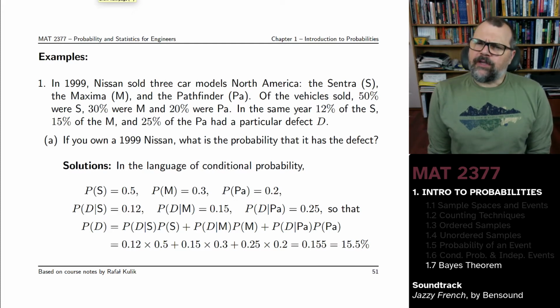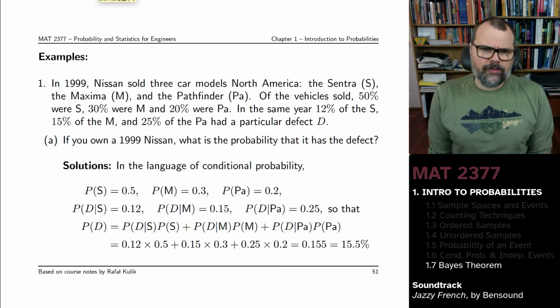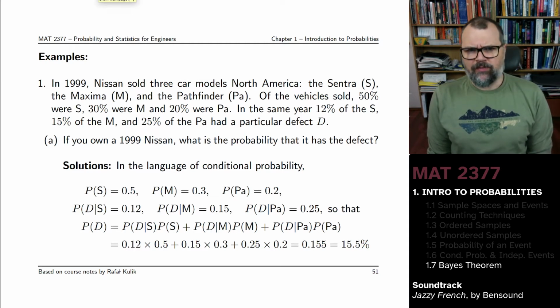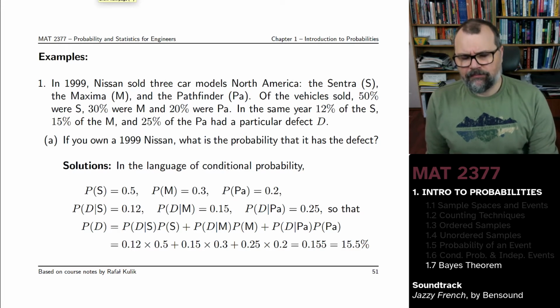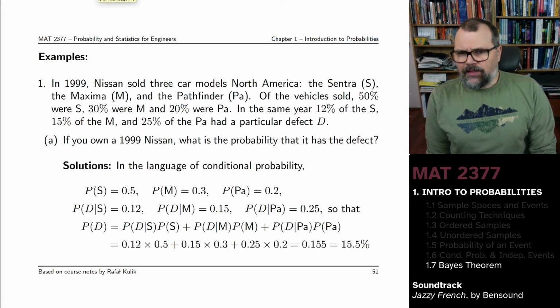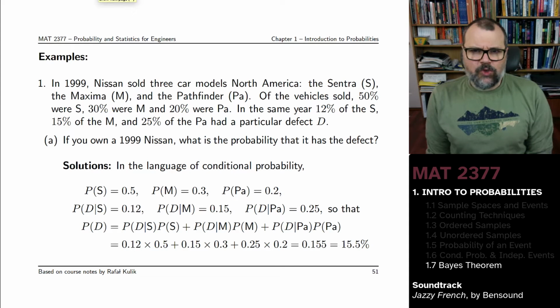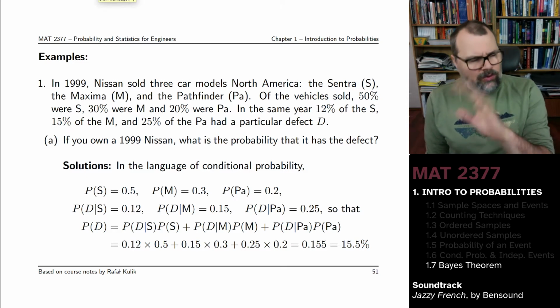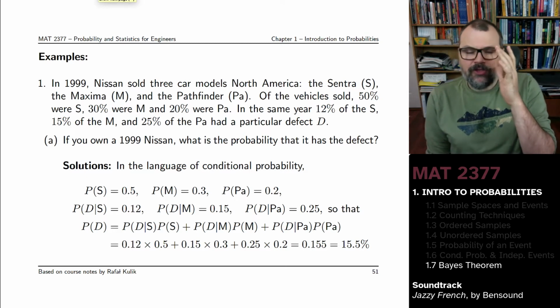Of all the vehicles that were sold by Nissan in North America, 50% of them were Sentras, 30% were Maximas, and 20% were Pathfinders. Simultaneously, that year, 12% of the Sentras, 15% of the Maximas, and 25% of the Pathfinders had a specific defect, D. What the defect here is not important, just there was one.